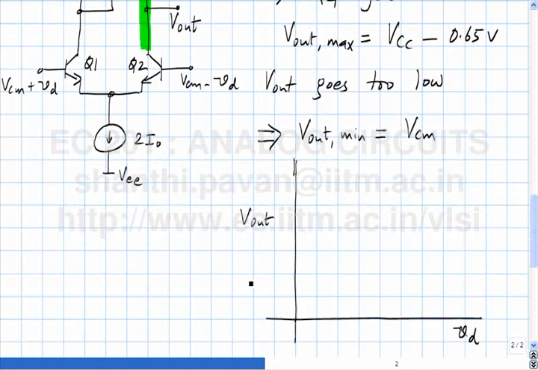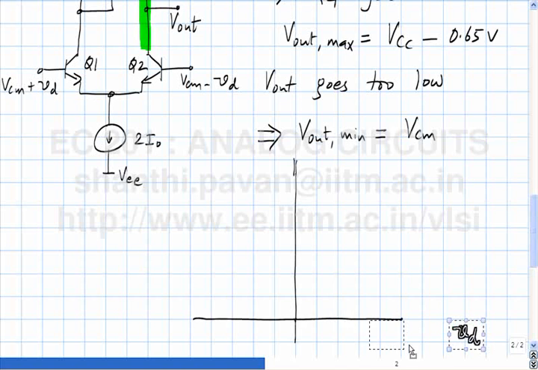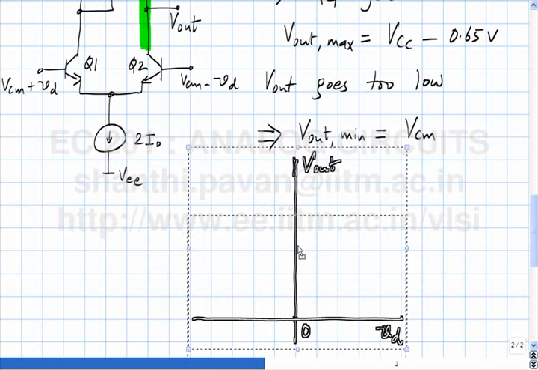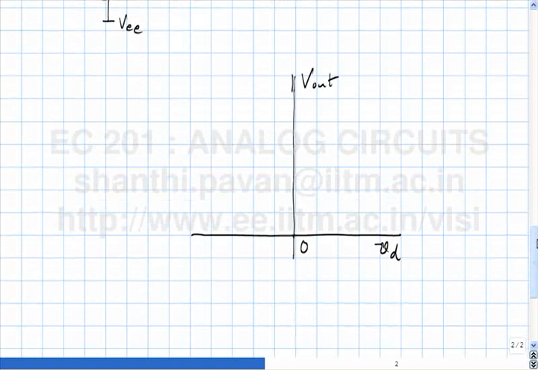can you tell me what happens? Assume Ro is infinity, so the gain is very, very large. If VD is even slightly positive, what happens?